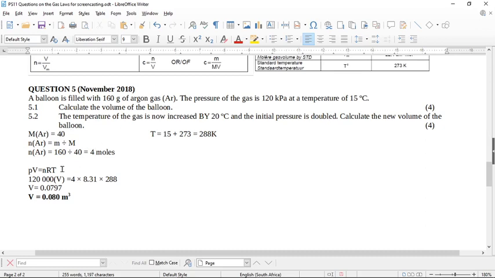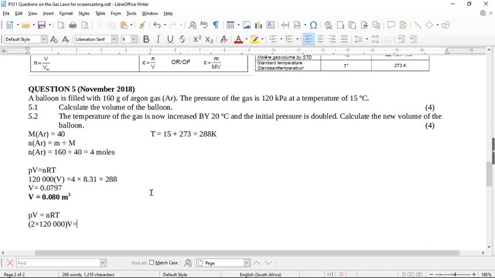Okay, now that you've got this V here, you can use P1V1 over T1 equals P2V2 over T2. That's your one option. Or your other option is to just use PV = nRT again. And I'm going to use PV = nRT again because it's much easier on the computer screen. So I take my initial pressure, I multiply it by 2 because that's what doubling means.